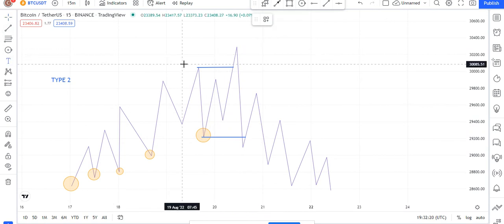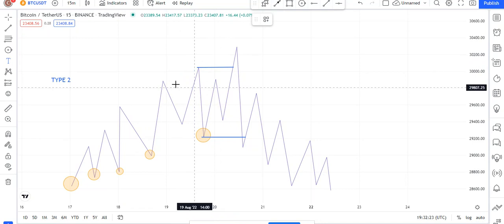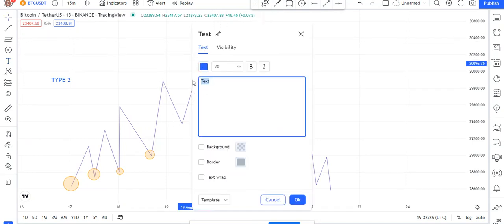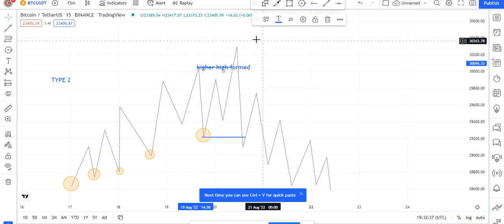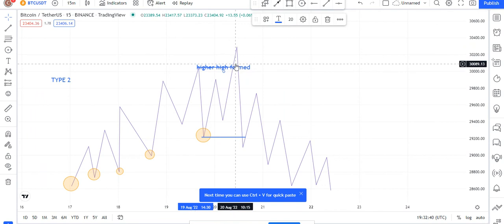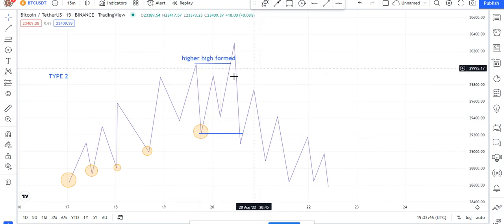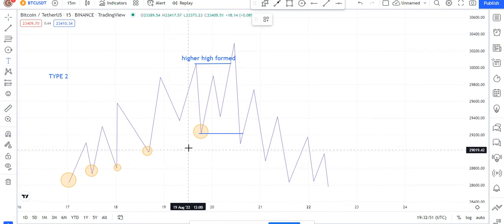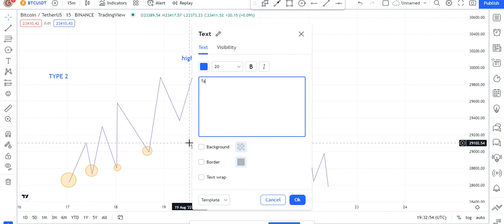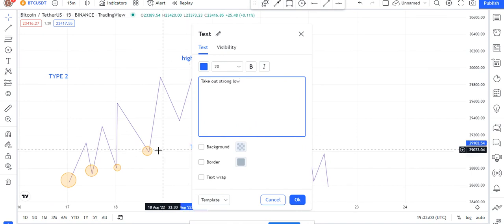So this is a strong high. Sorry, it's not a strong high since it's an uptrend. So this is a higher high formed, and then it goes ahead to take out a strong low, right?